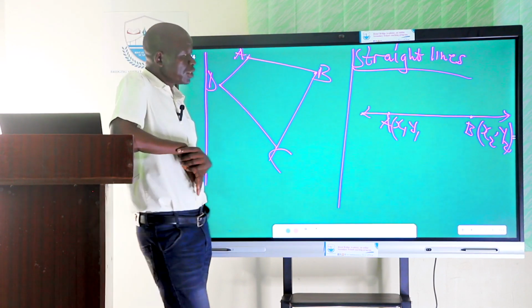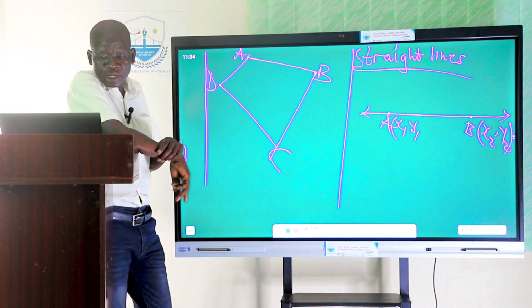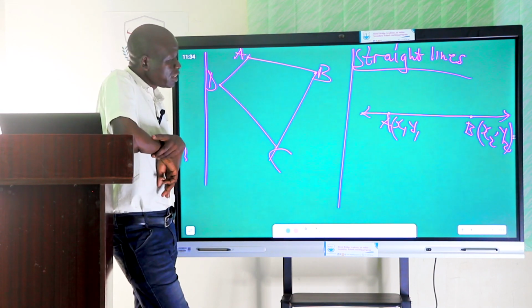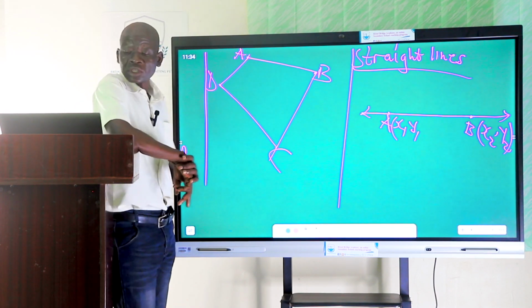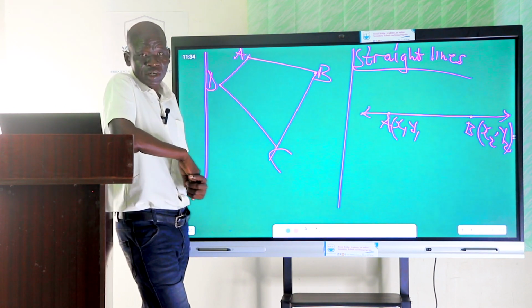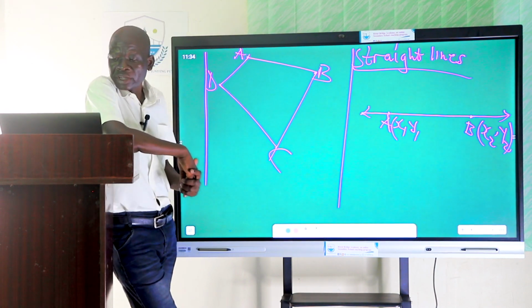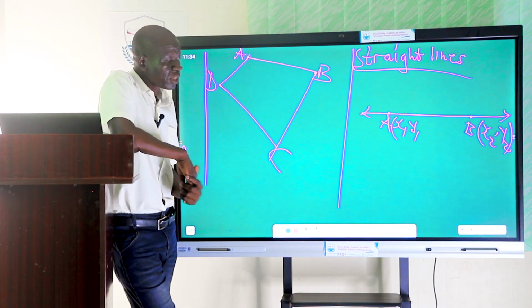Under geometry, we can look at what we call parallel lines. Parallel lines are those lines in the same plane that never intersect or never meet, regardless of how far they are extended.